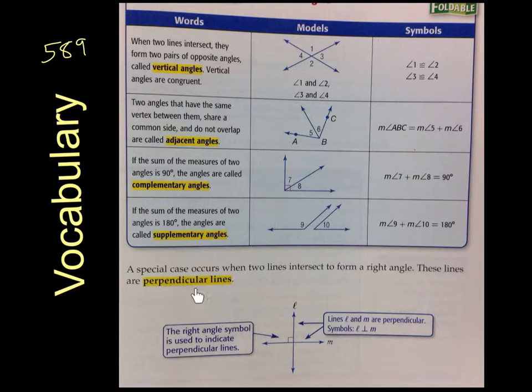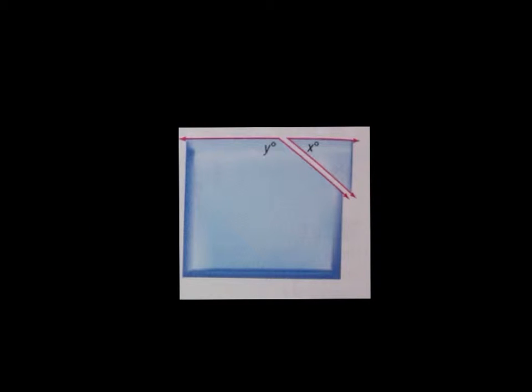And lastly, on this slide, we have perpendicular lines, and you probably remember perpendicular means that we have lines that when they cross, they make a 90-degree angle. So the symbol for showing something is perpendicular is right here, this upside down T. So I can use my knowledge of the different kinds of angles to help me solve problems. So let me give you an example here.